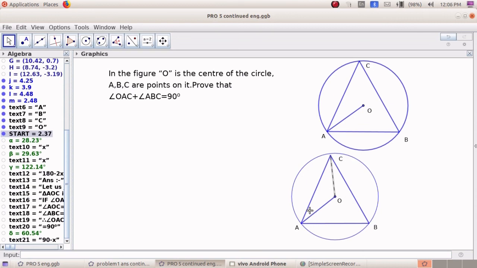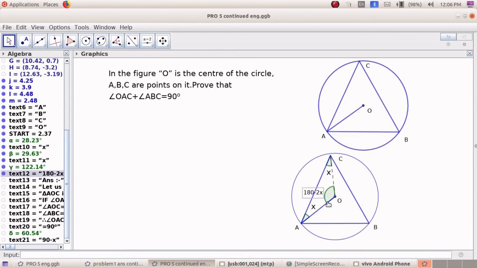Whatever measure we give to angle OAC, the same measure will be there for angle OCA. Let us give angle OAC as x. Then this angle also will be x, as that one is isosceles. Now angle AOC will be equal to 180 minus 2x.